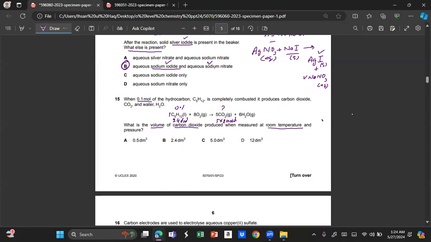We will go for 0.1. It will give us X. You will cross multiply and you will get X is equal to 24 times 5 into 0.1 divided by 24.